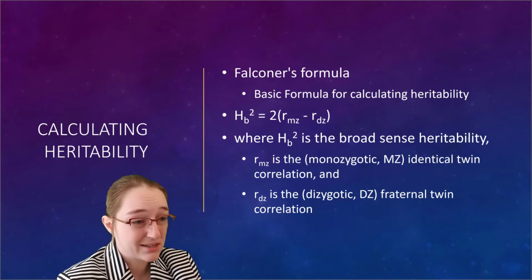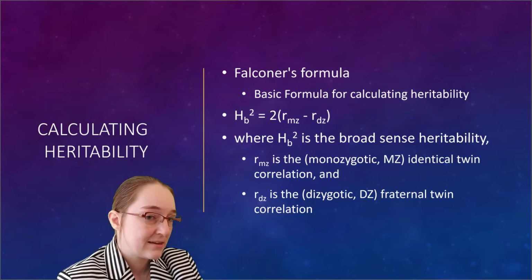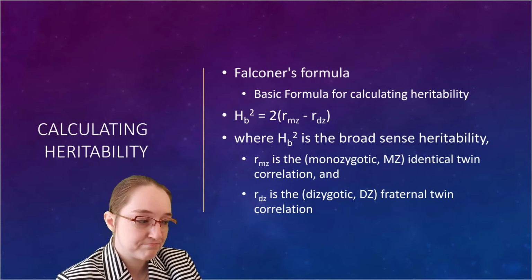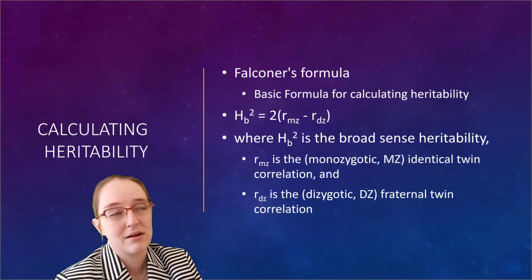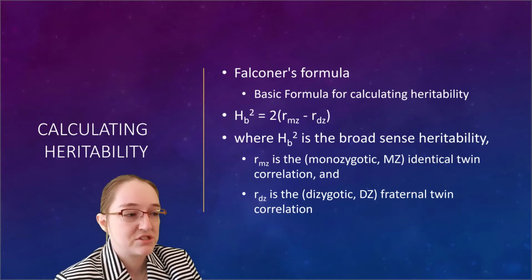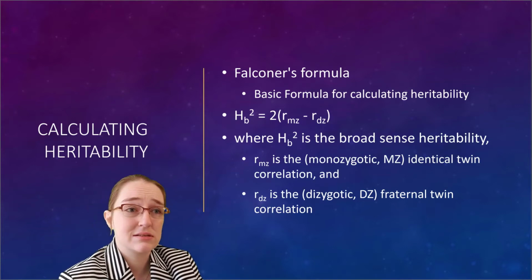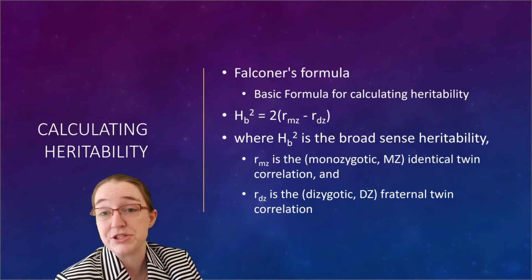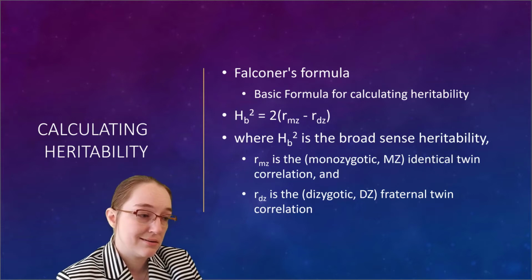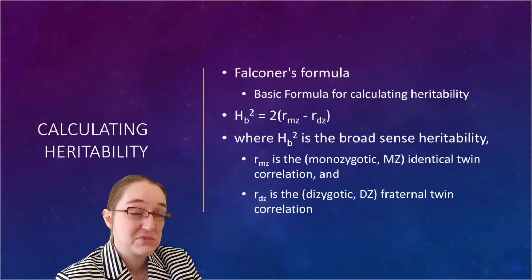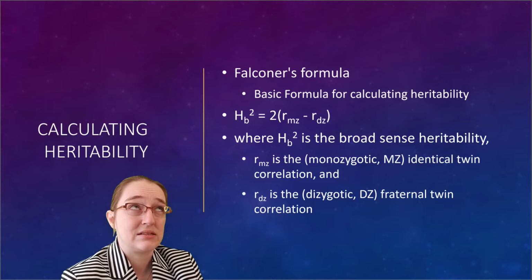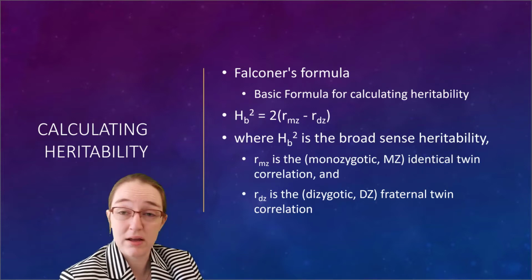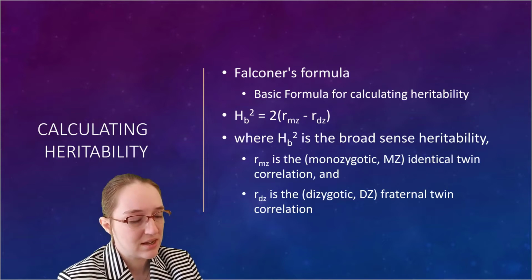Now, broad sense heritability is all the genetic stuff, including gene by environment interactions. I think, for the most part, it includes those. Epigenetic effects, dominance effects, as well as additive genetic effects.